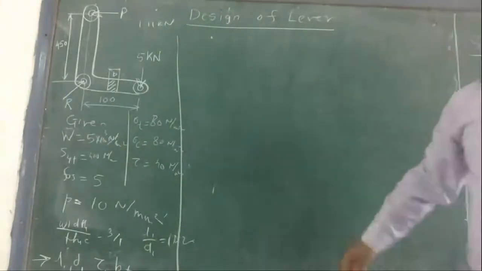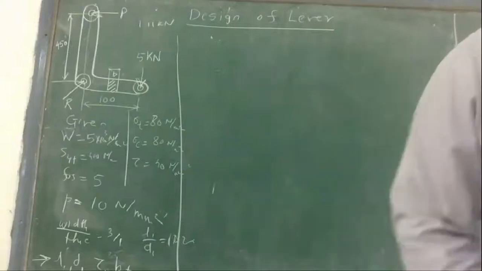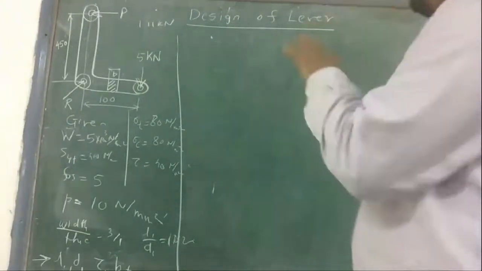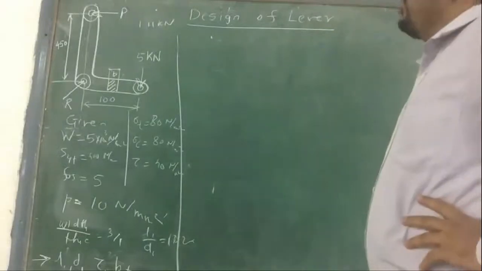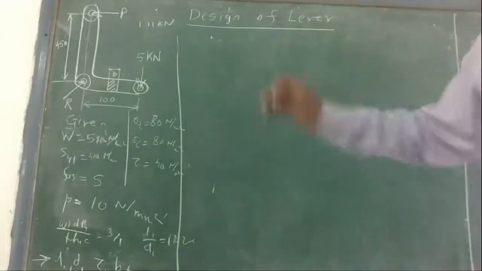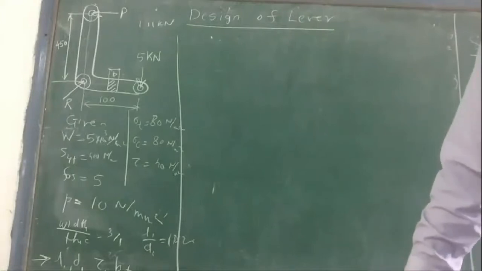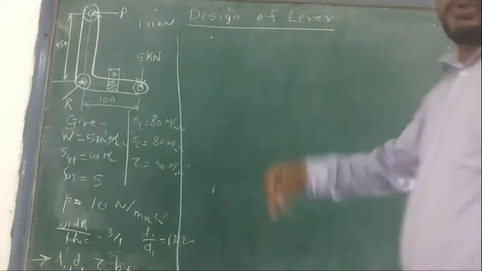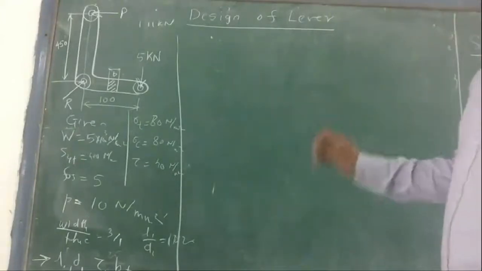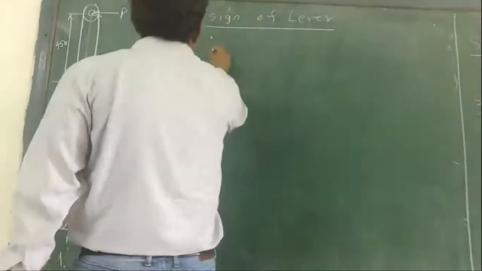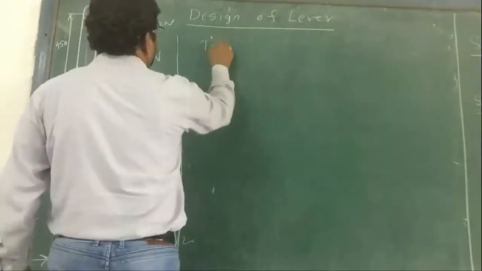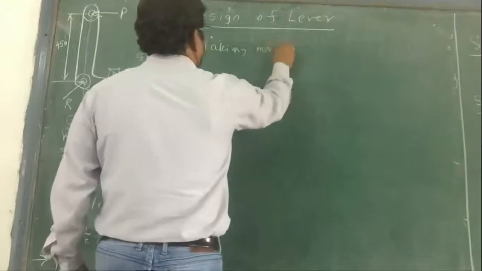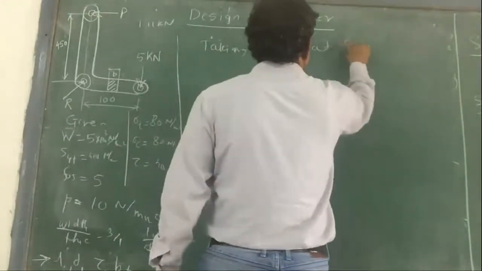Now, what is given is that we have to calculate the forces. We know that the load which we are going to lift is 5 kilonewton, right? We did this quickly, we just tried to find out the force, taking moments at the fulcrum.